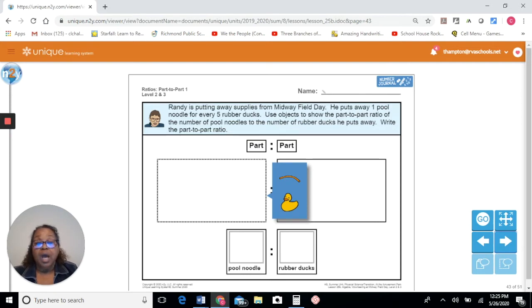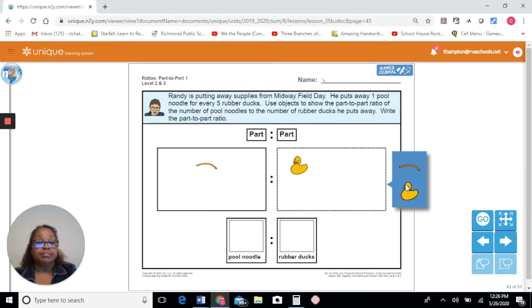We're going to use objects to show the part-to-part ratio of the number of pool noodles to the number of ducks he puts away. That's a comparison. Every time he puts away 1 noodle, he actually puts away 5 rubber ducks. And then we'll write the ratio. So for every 1 noodle, we're going to put 5 ducks.